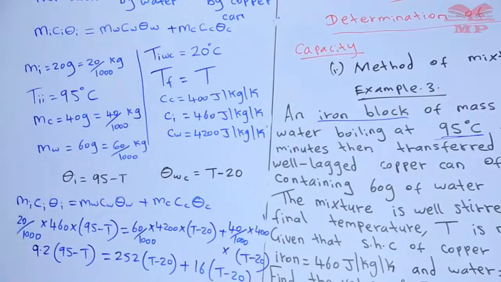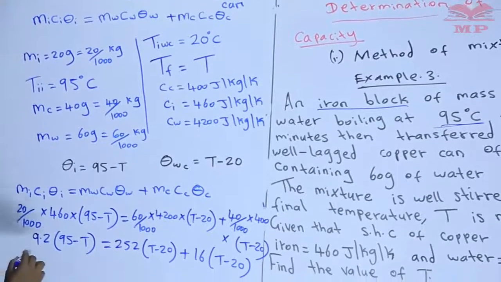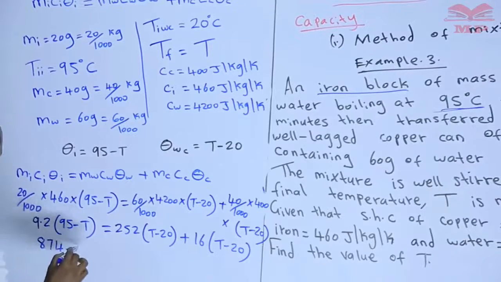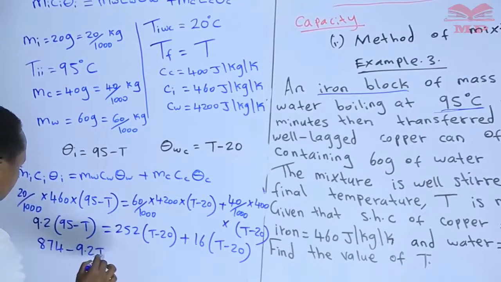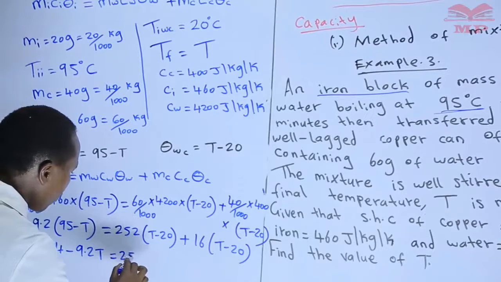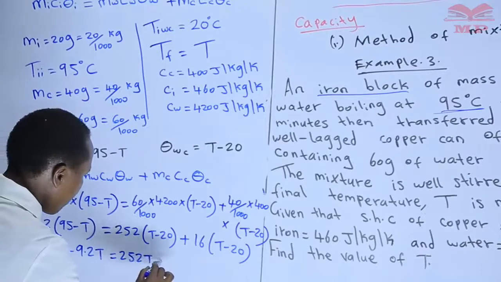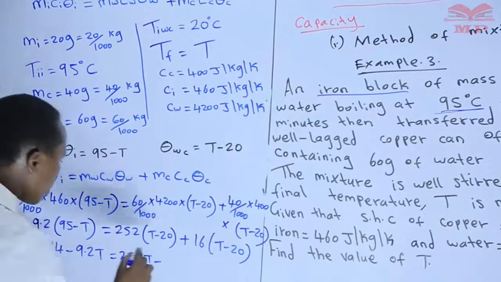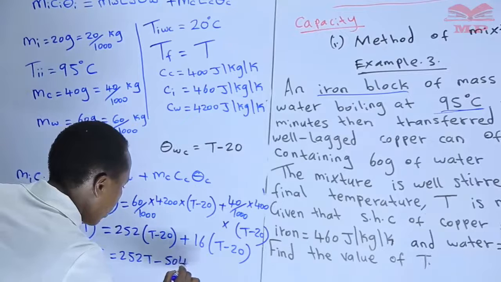So now we can open those brackets. We have 9.2 multiplied by 95. We get 874 minus 9.2T is equal to, we open the bracket here, 252T minus 252 by 20, which is 5040.